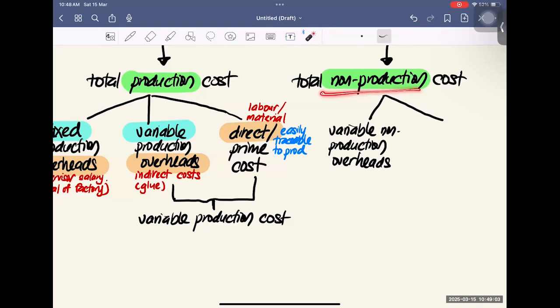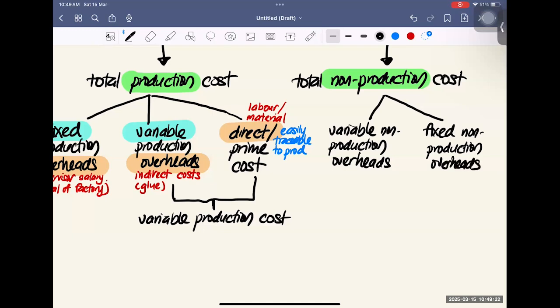Because obviously it's not production, obviously it's not traceable. And also fixed non-production overheads. So again, the second way of classifying them: is it fixed or is it variable?